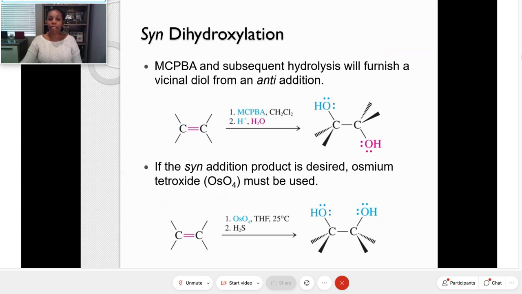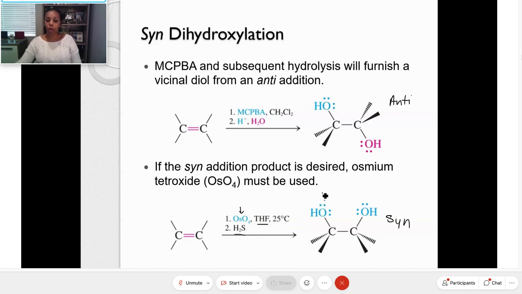So we saw that MCPBA and hydrolysis, those two steps, give us the anti product. But what if we want the syn product? Well, if we want the syn product, we have to use this new reagent called osmium tetroxide, OsO4, THF, and then there is a second step.